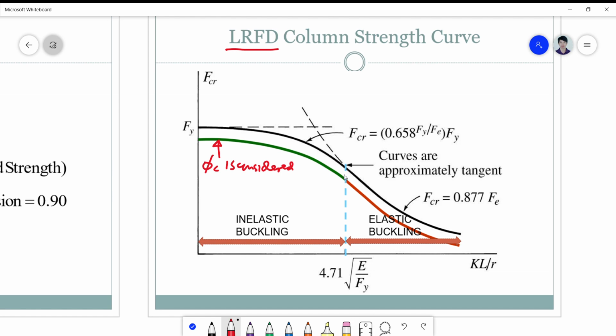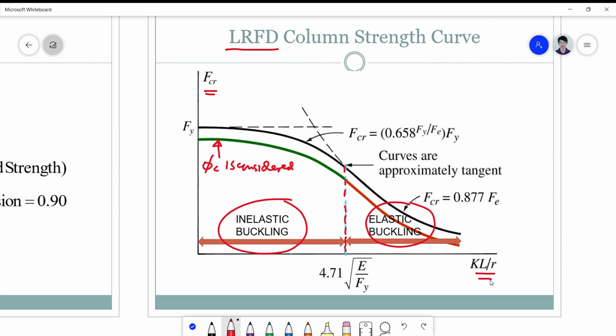But I'd like to emphasize this limit into which your inelastic buckling failure mode and elastic buckling failure mode are separated. And take note that the graph of the column strength curve is actually your Fcr versus your slenderness ratio KL over r.